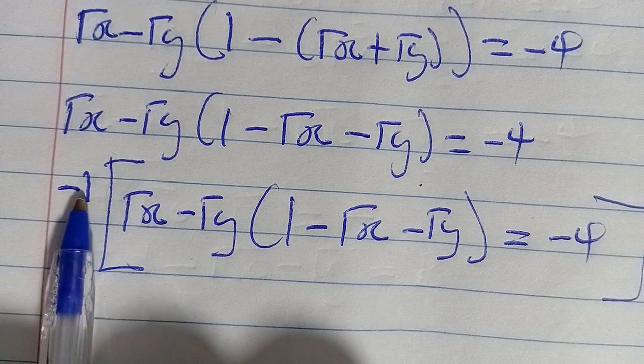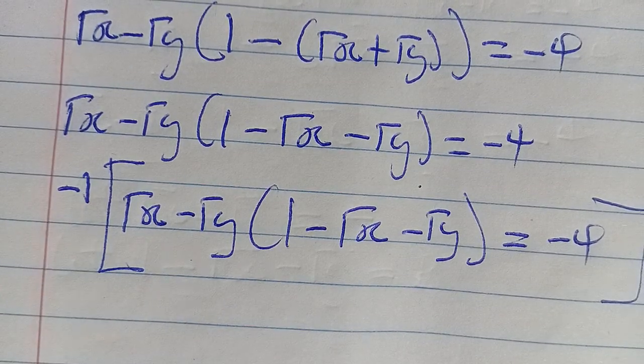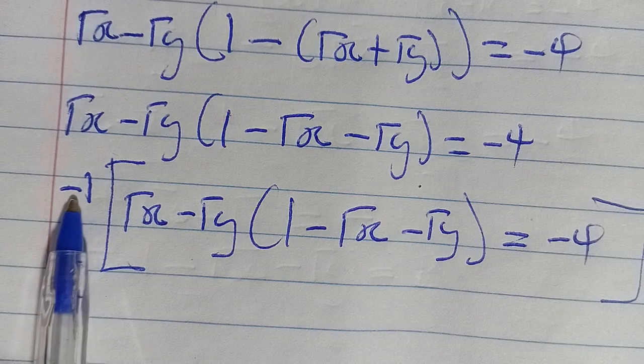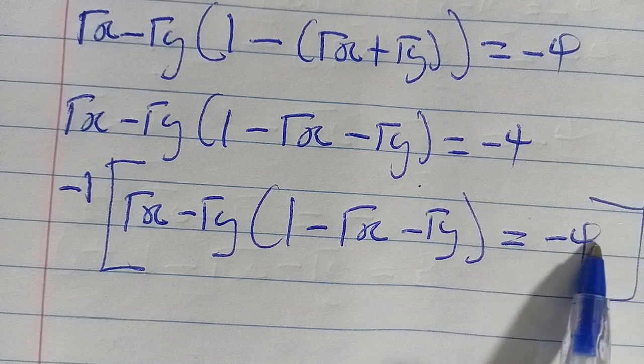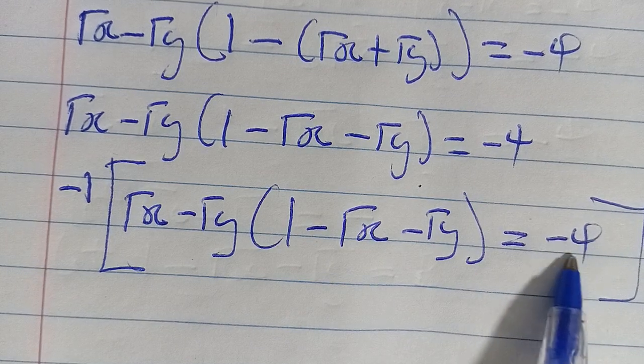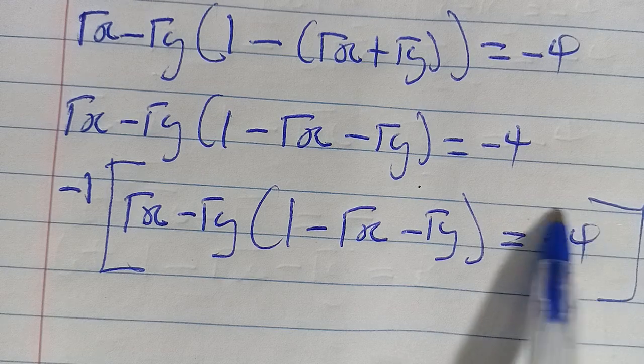Alright, so the minus 1 is multiplying through the entire equation. So this minus 1 is going to multiply the left part, and then multiply the right part as well. Do you get me? So as you can see, here is minus, so after multiplying, it becomes positive.